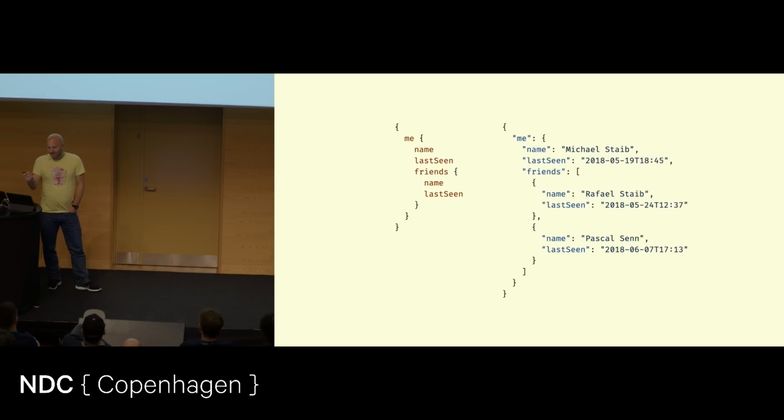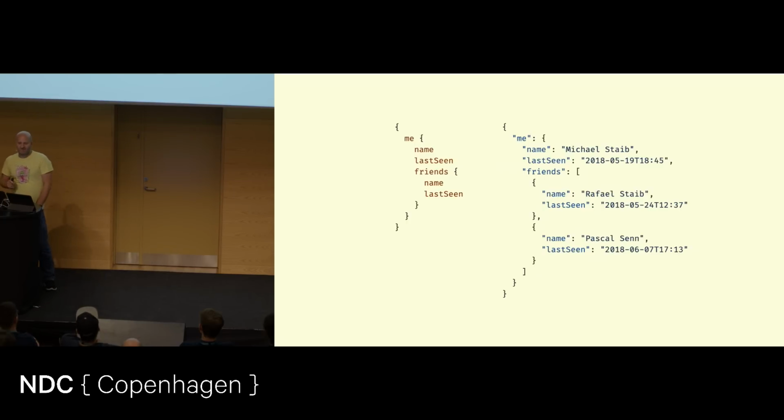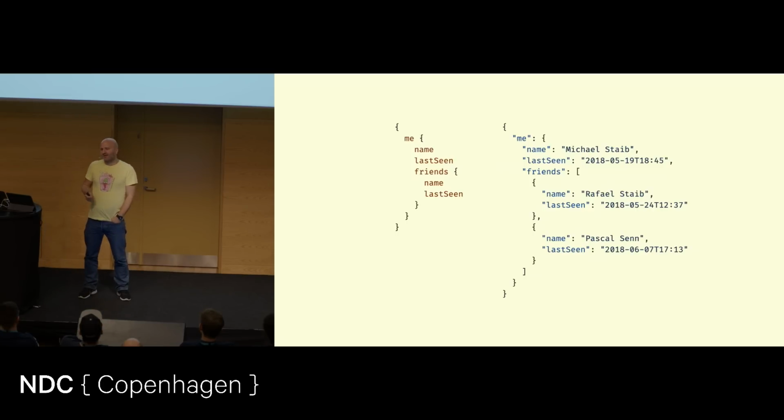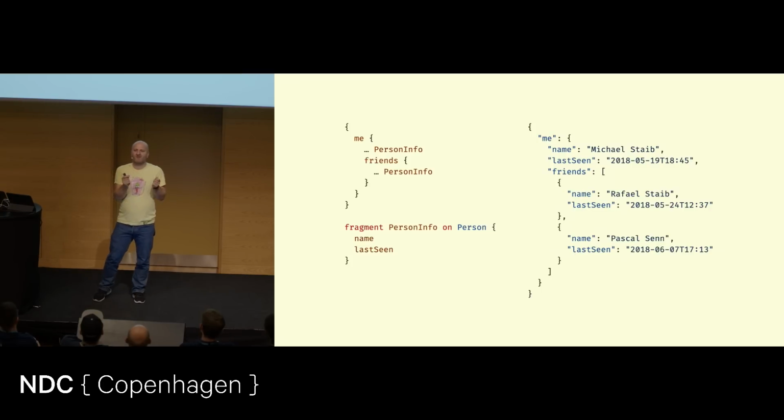And if we look at that, we can see that we are repeating things that we want to fetch. Me, for instance, is a user, and friends is a list of users. And in both cases, we are fetching name and last seen. So that's why Facebook actually introduced something we call a fragment. And a fragment is our primitive of composition in GraphQL.